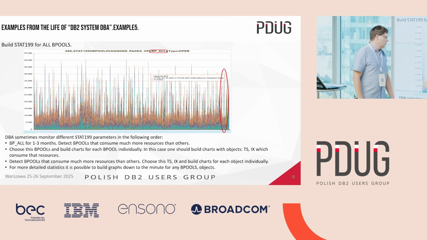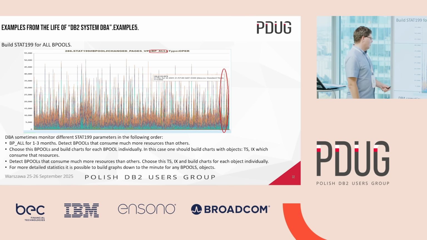In this case, one should build charts with other objects, table spaces and indexes, which consume those resources. Then detect the table spaces that consume much more resources than others, and build charts for each object individually, like in the previous charts I presented.